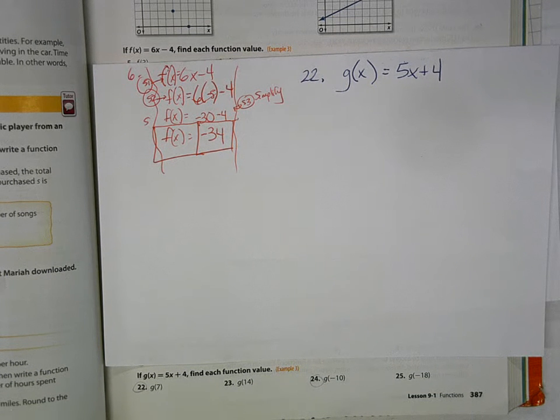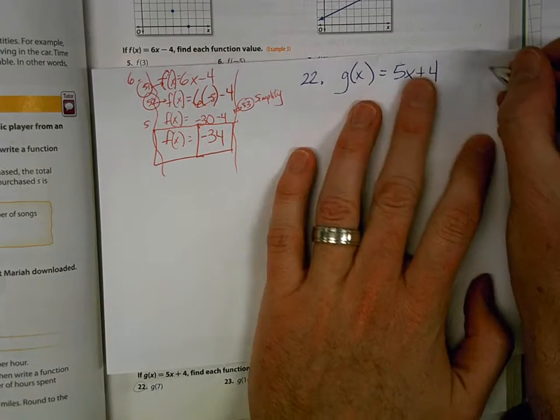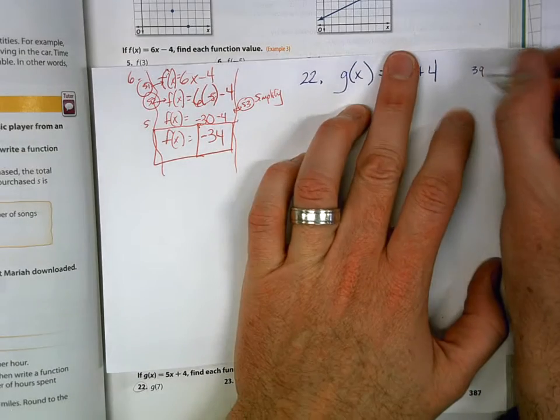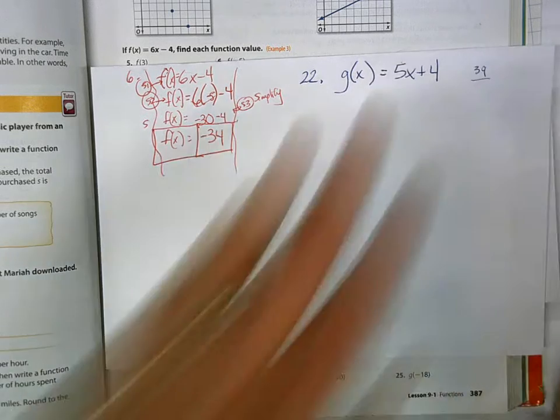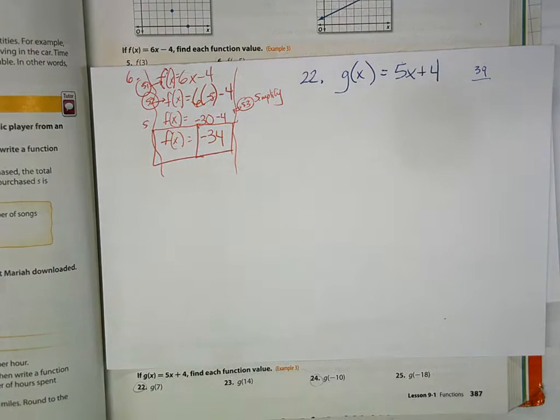Looking for a solution: your function, your g of x equals what? 32. Agree, disagree? What do you guys think? Any others out there that want to be shared? Okay, well, let's check it out.